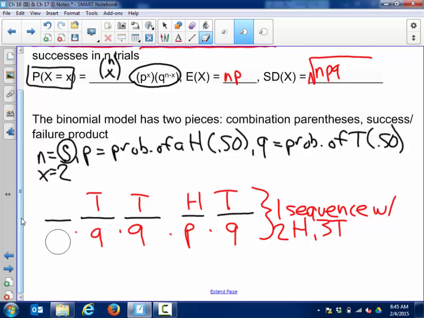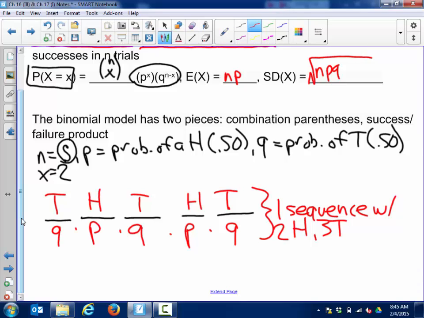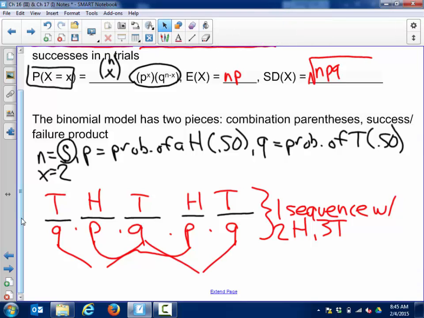And they don't necessarily have to be in this order. If your first flip was a tail and your second flip was a head, you could have Q times P, but still you've got 2 successes and 3 failures out of that bunch, okay?